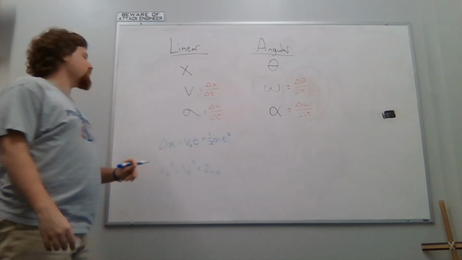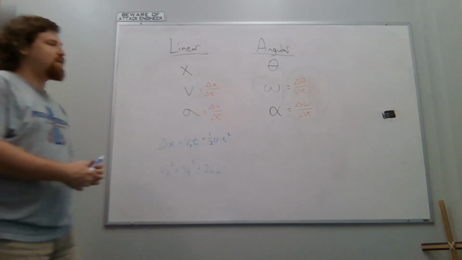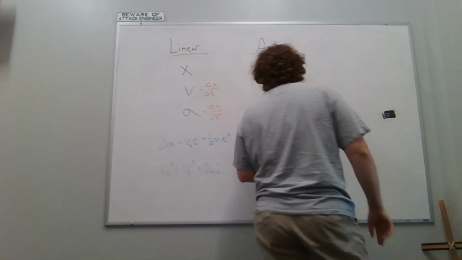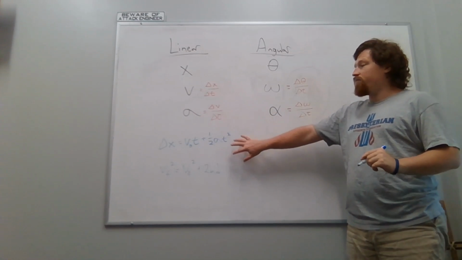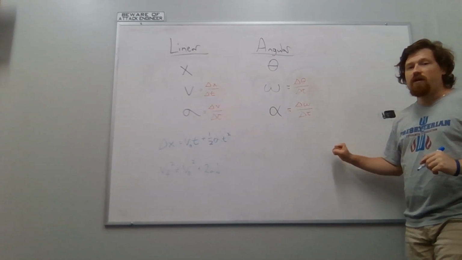So these are the equations we are used to, and they have angular counterparts as well. You're just going to take all of the linear versions of everything and replace it with its angular counterpart.